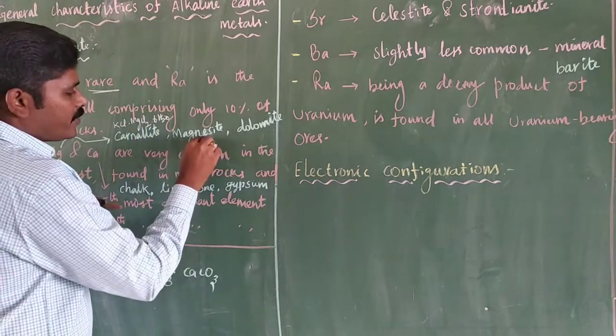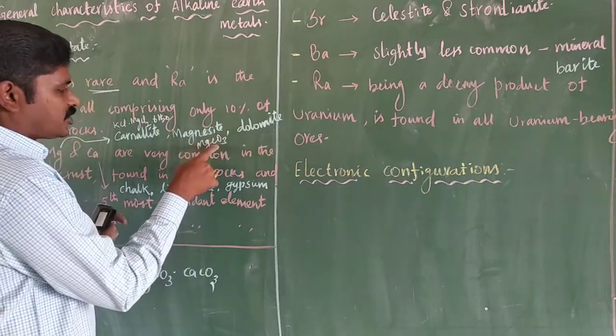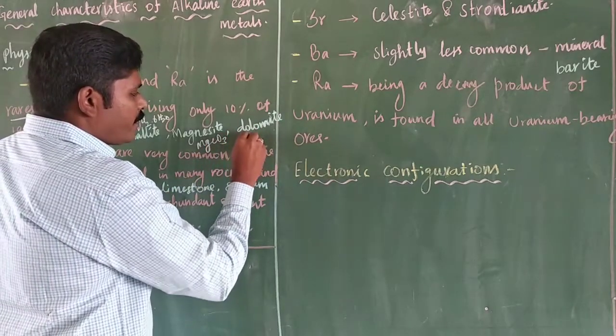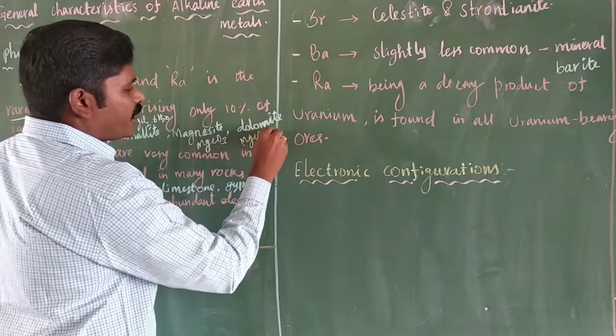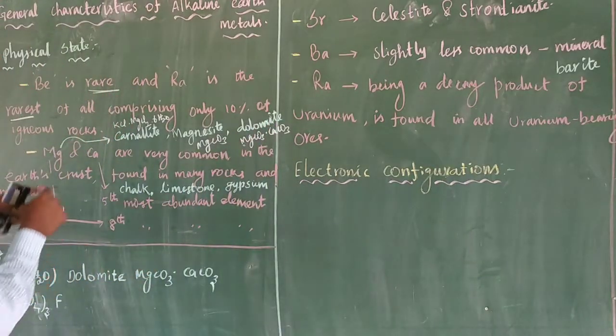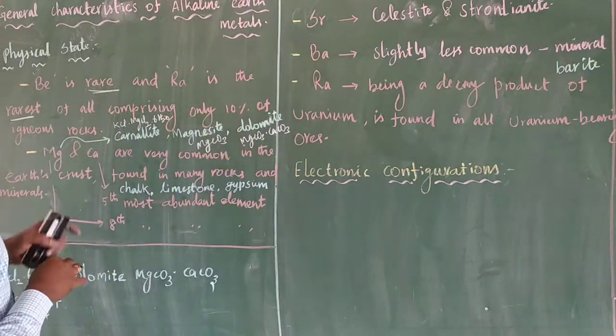Magnesite, magnesium carbonate. Dolomite, magnesium carbonate and calcium carbonate. So the minerals of magnesium carbonate are magnesite and dolomite.